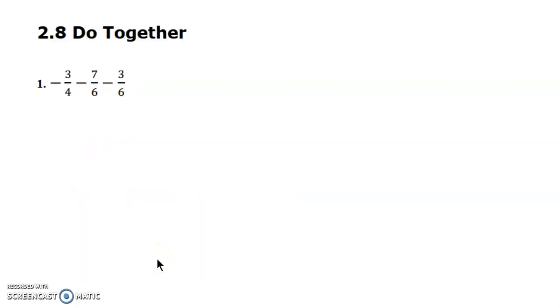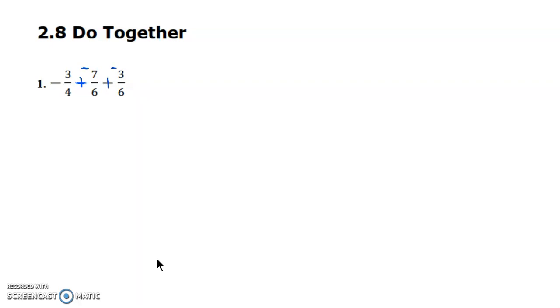So let's do the next few questions together. Number 1, we see we have 3 fractions that we need to subtract. The first thing I'm going to do is get rid of those subtraction signs. So this subtraction changes to addition, and the positive 7 sixths becomes negative 7 sixths. And this subtraction changes to addition, and the positive 3 sixths becomes negative 3 sixths.